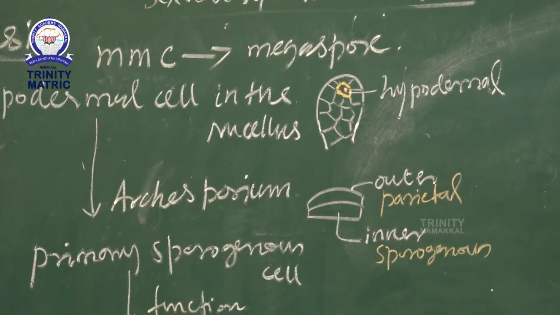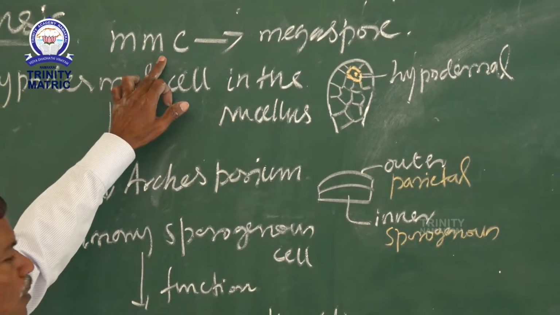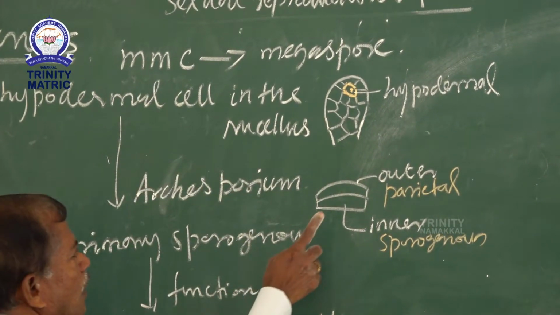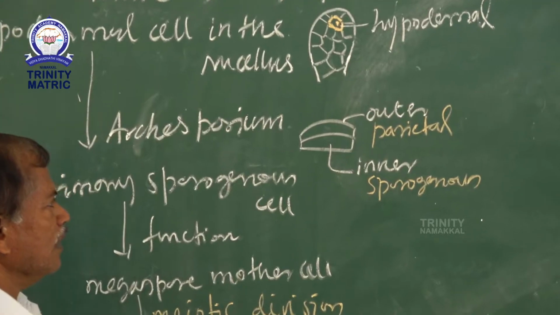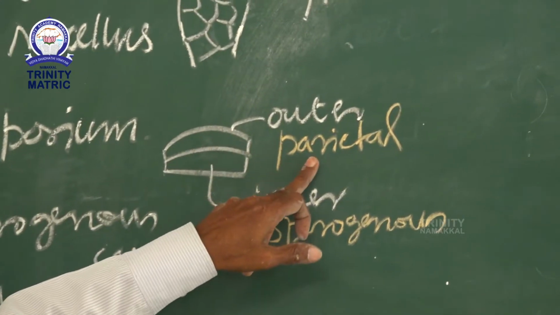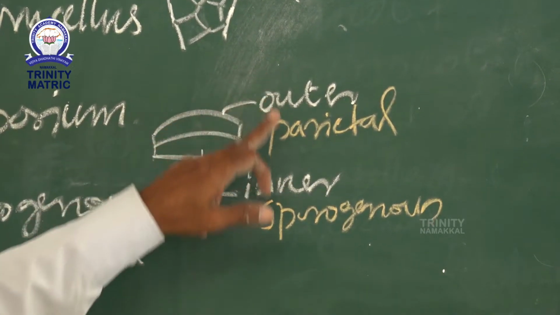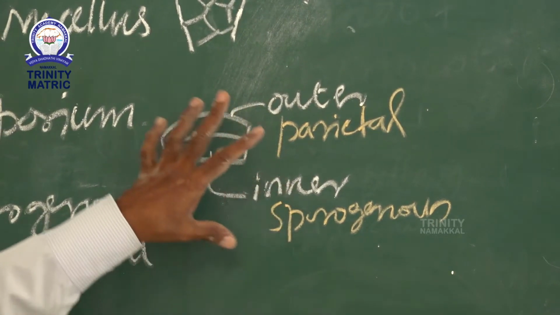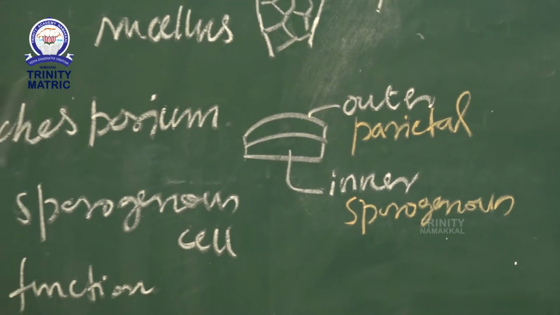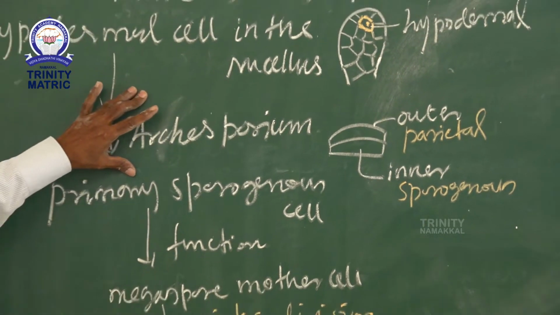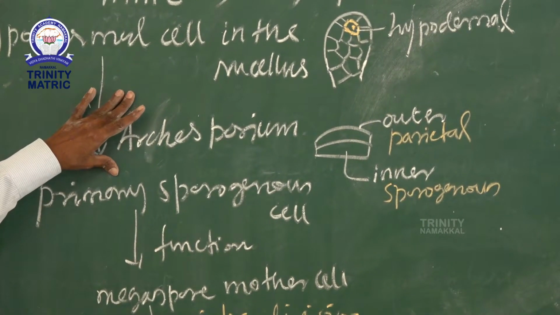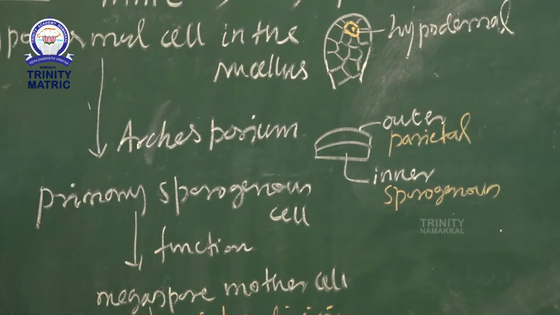In some plants, the cell undergoes division into an outer parietal cell and an inner sporogenous cell, which is the archesporial cell.